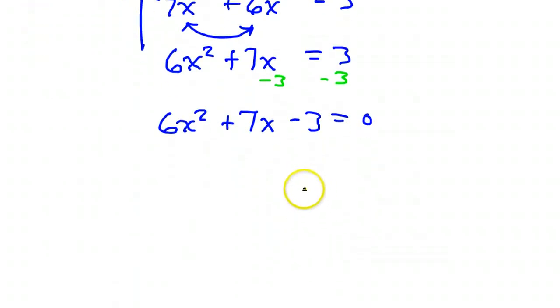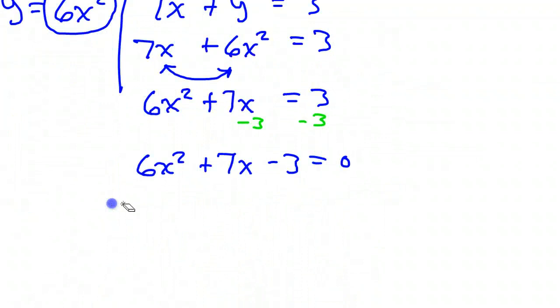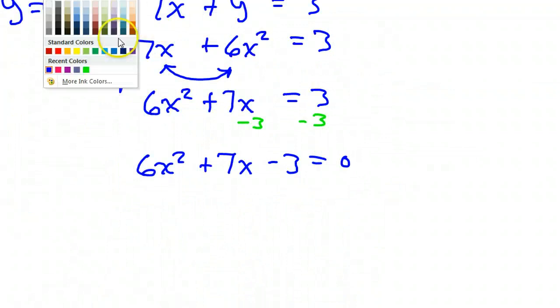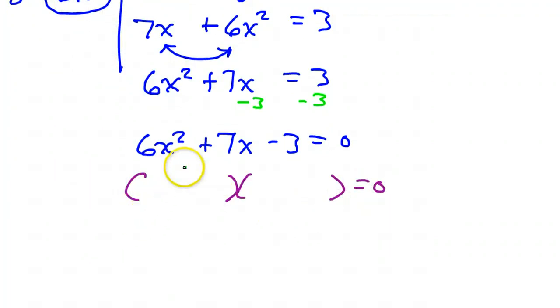Now it would be lovely if this is factorable and I didn't have to mess with the quadratic formula. Some of you maybe just love the quadratic formula, and you would prefer just to use it straight away. You knock yourself out if that's your thing. I kind of enjoy factoring because it's like a little puzzle that I can solve.